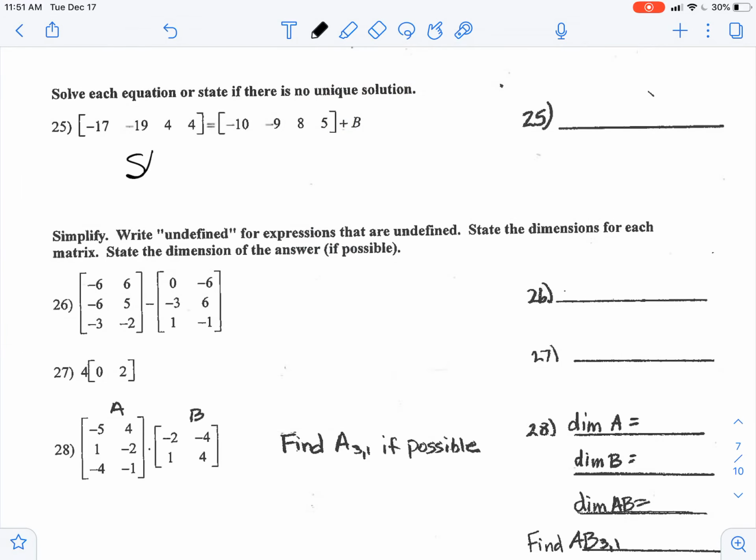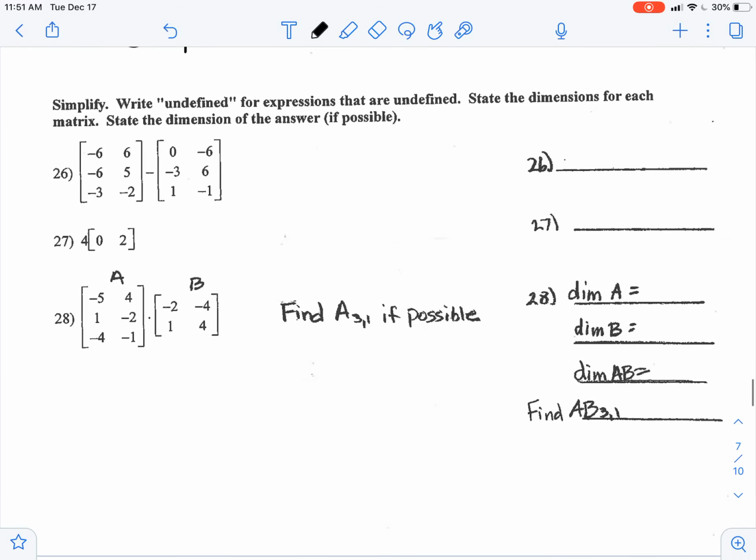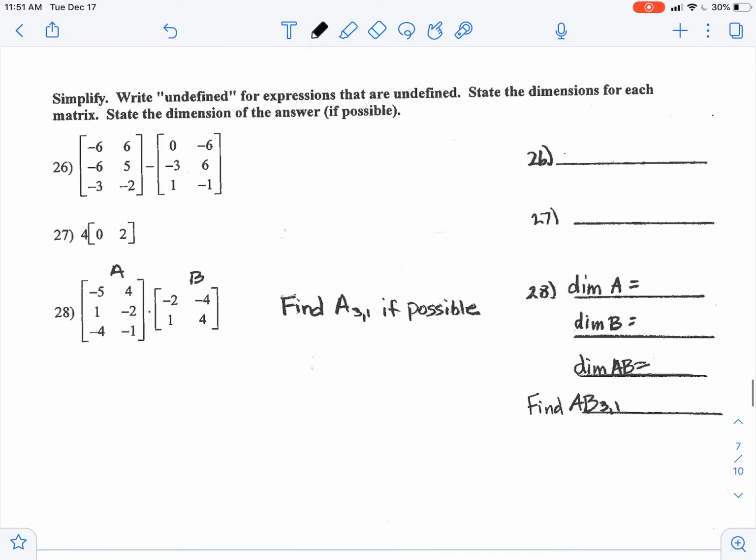Okay, 25, we are going to skip. Again, it's an easy one to come back to later, but let's skip it for now. Number 26, it says write undefined for the expressions that are undefined. So for any of these, if you cannot do them, write undefined. You also need to state the dimensions for each matrix and state the dimensions for the answer if possible.